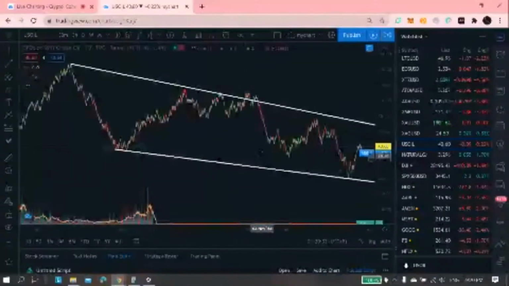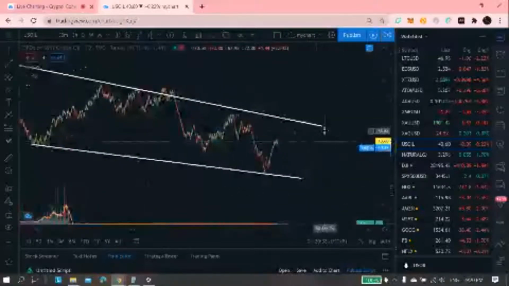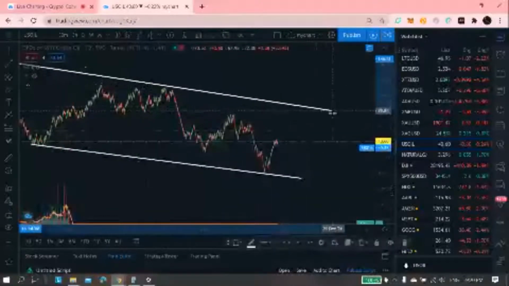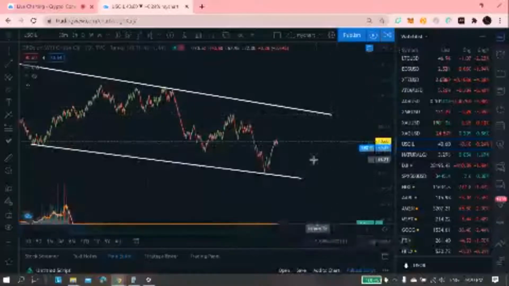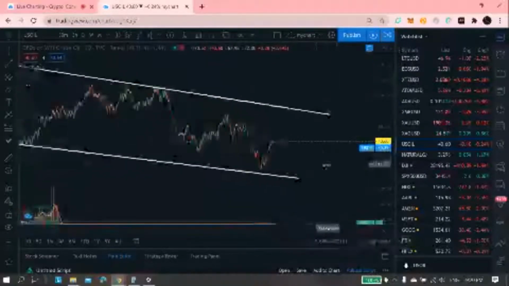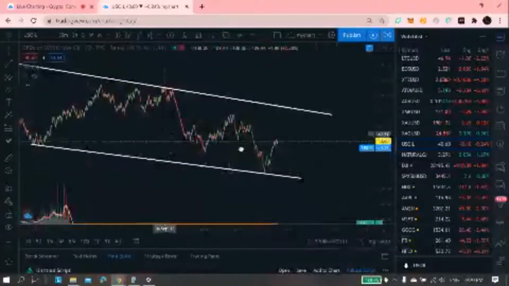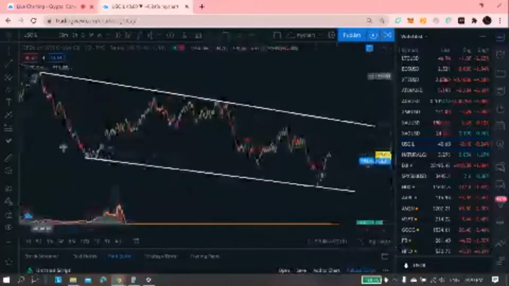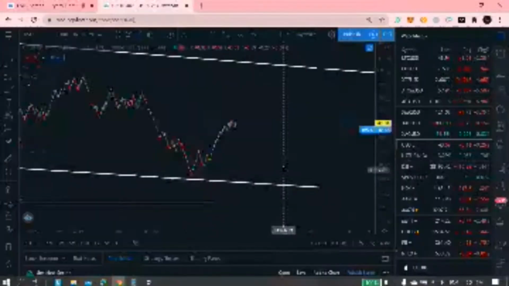Let's just adjust it. So if you look at the oil, it's actually more on a long-term downtrend channel, still at a long-term downtrend channel, but now currently consolidating at this 40 area.